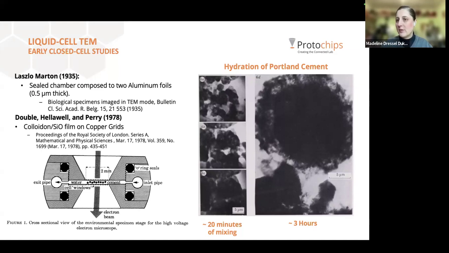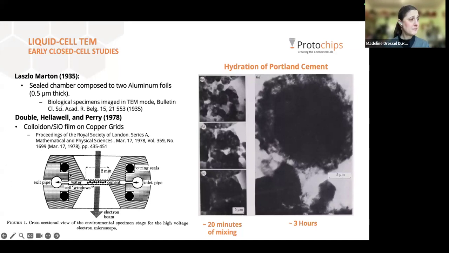A lot of early work was done using very, very high voltage microscopes. Then in 1978, using a colloidin and silicon oxide film on a copper grid, they were looking at the hydration and the development of Portland cement. That's almost more analogous to some of our more modern systems.